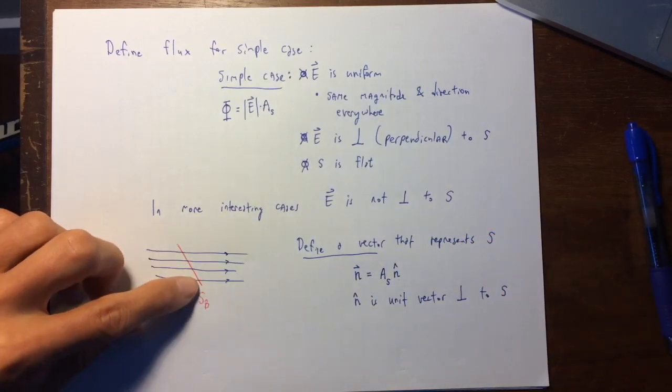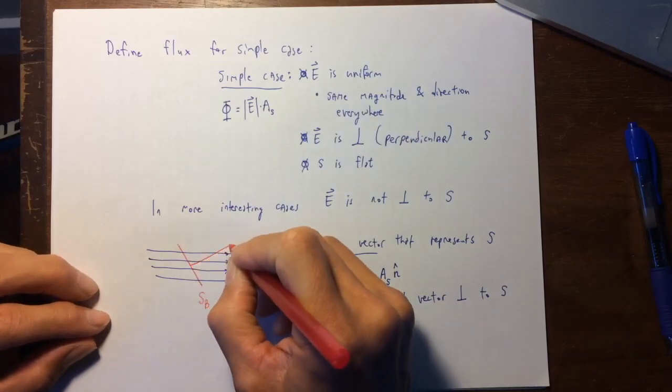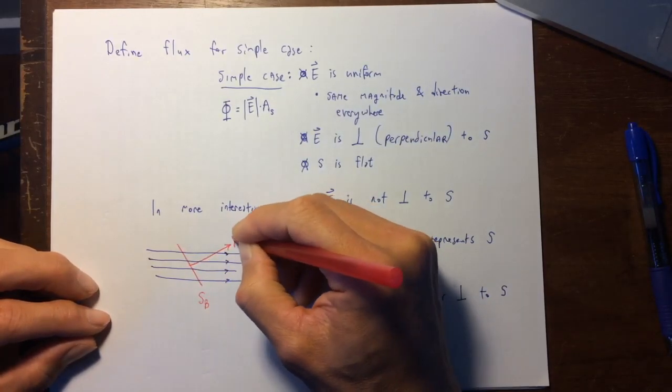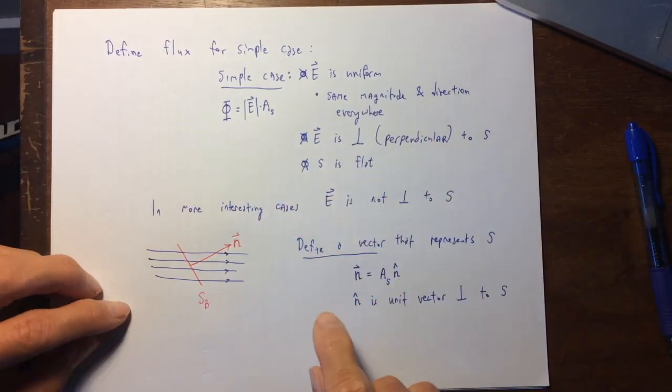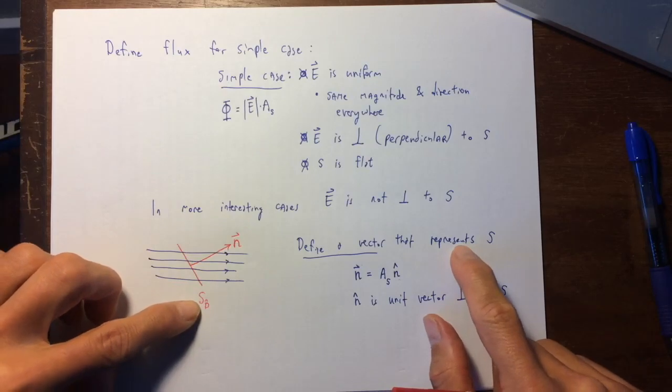Here is our surface, and the vector that I'm talking about is this vector here. This is the vector n, which in some sense defines or represents the surface S.